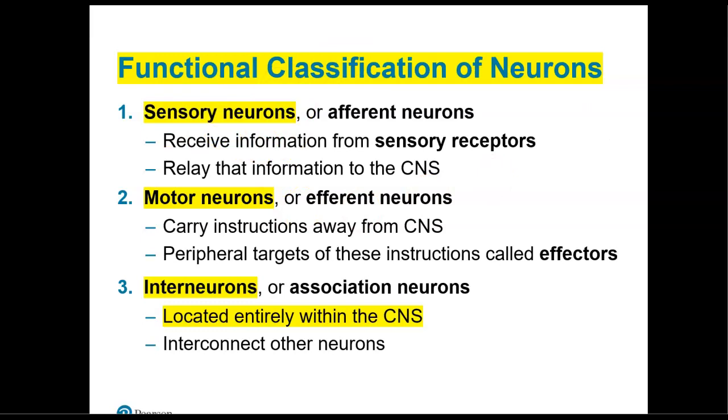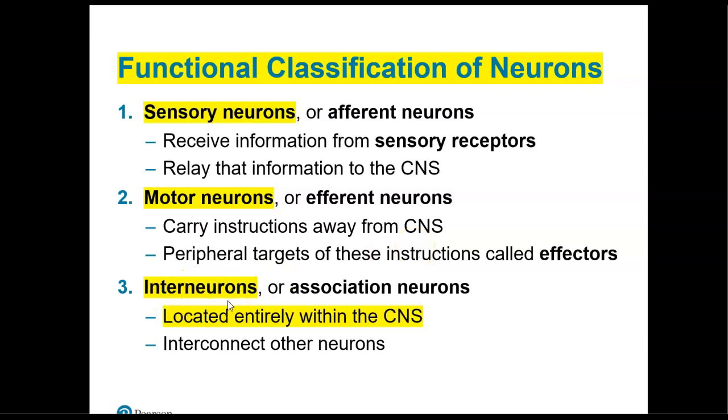Just like we had a sensory division and a motor division of the nervous system, and also a central nervous system, we can also divide neurons up this way. Sensory neurons receive information from sensory receptors and relay it to the central nervous system, whereas motor neurons carry instructions away from the brain and the spinal cord.